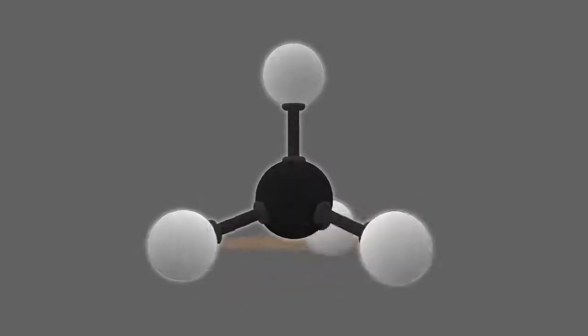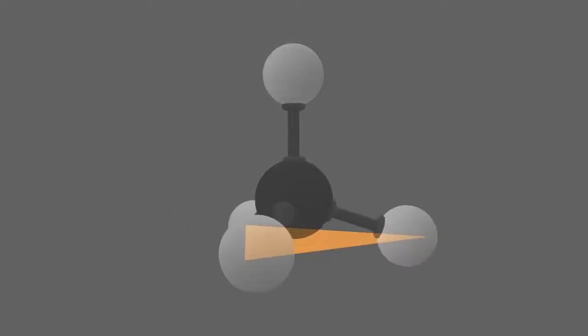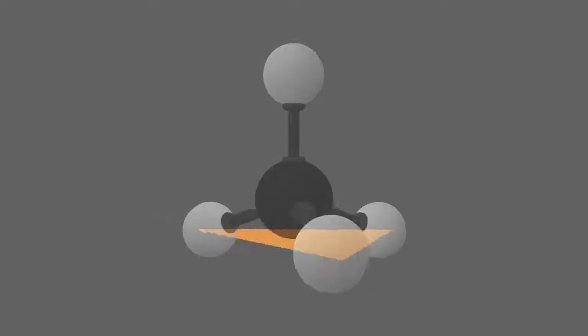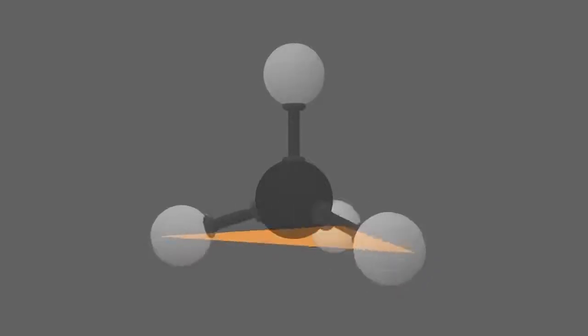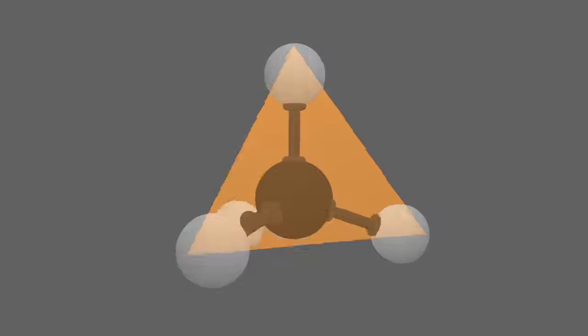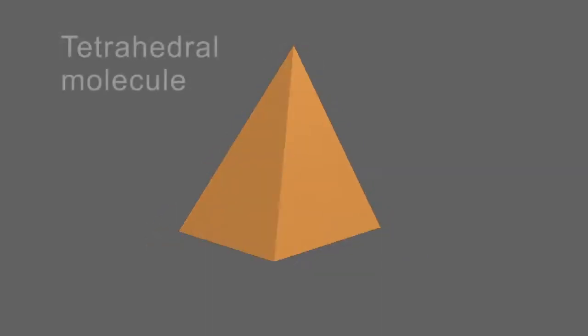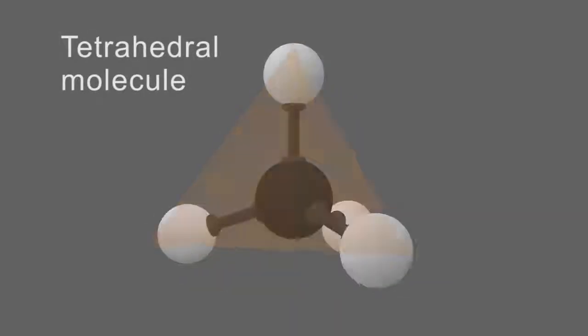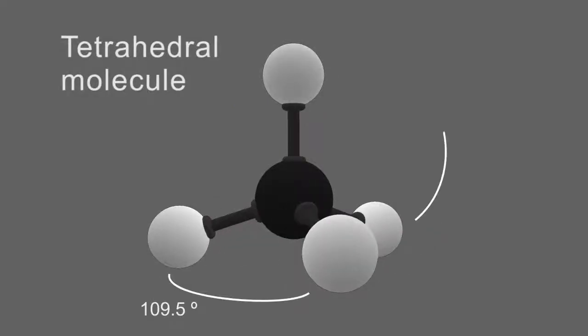We will end up with a triangular base pyramid shape at the bottom, with a hydrogen at each corner and a 4th hydrogen coming out of the top. This shape with 4 bonding pairs is known as a tetrahedral molecule, with a bond angle of 109.5 degrees.